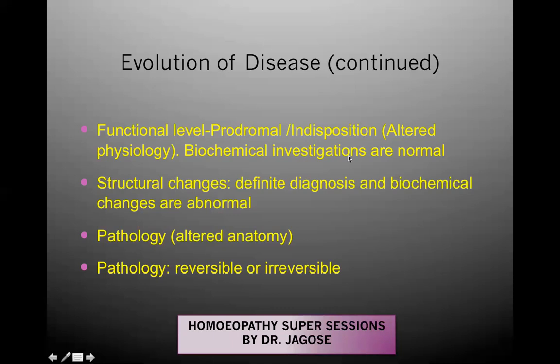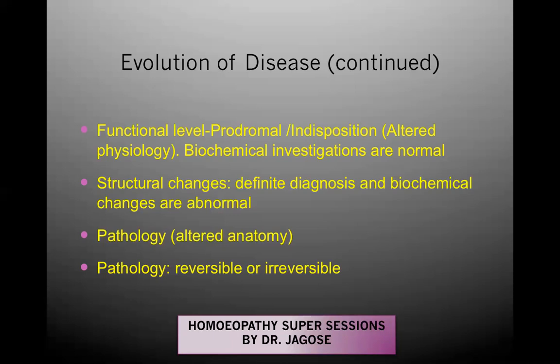Now, something about the word indisposition. Out here, Dr. Kent has given in his lectures something about indisposition. He said the prodromal phase can also be known as a phase of indisposition, wherein in indisposition, the cause will lie external, and in a true chronic disease, the cause will lie internal.